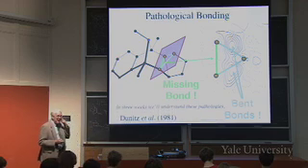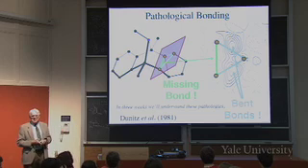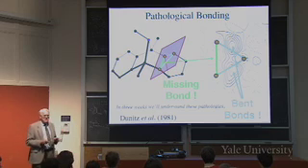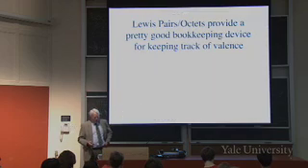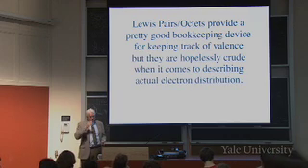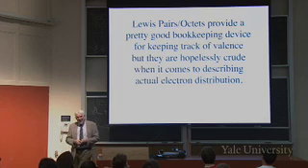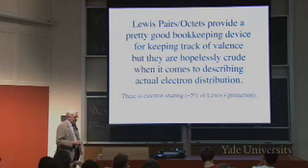Okay, so again, pathological bonding, and in 3 weeks, you'll understand this from first principles, but you've got to be patient. Okay, so Lewis pairs and octets provide a pretty good bookkeeping device for keeping track of valence, but they're hopelessly crude when it comes to describing the actual electron distribution, which you can see experimentally here.